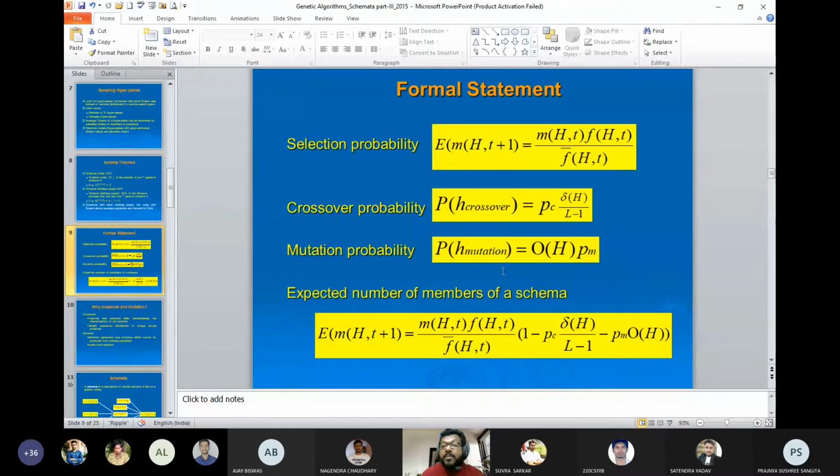For mutation probability, we know how to calculate the order of H multiplied by the mutation probability. As we know, for PC and PM we start with a guess: crossover with a high probability, mutation with a low probability. So it is all about hit and trial.